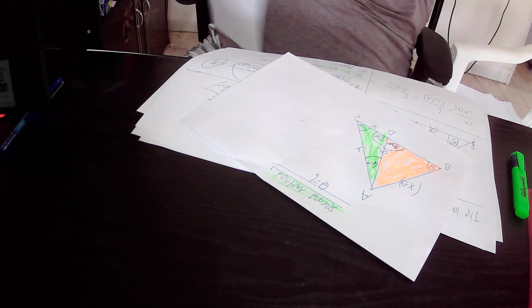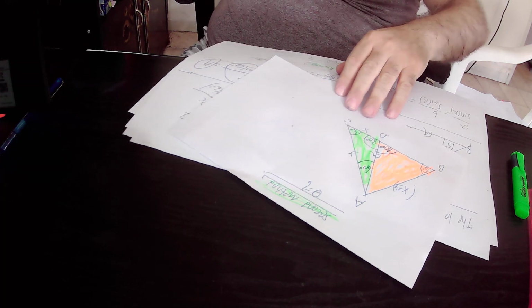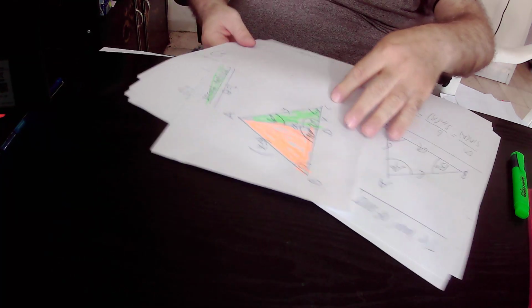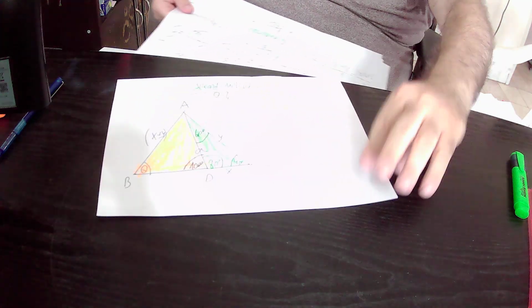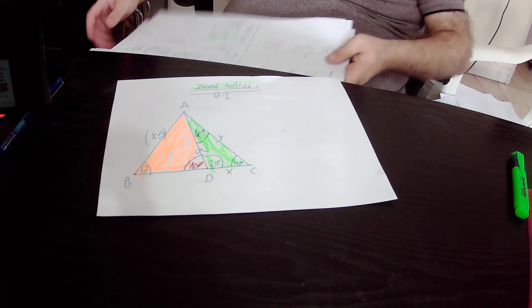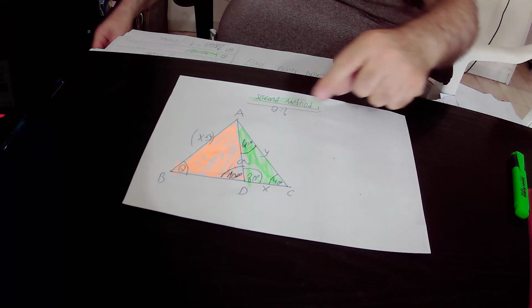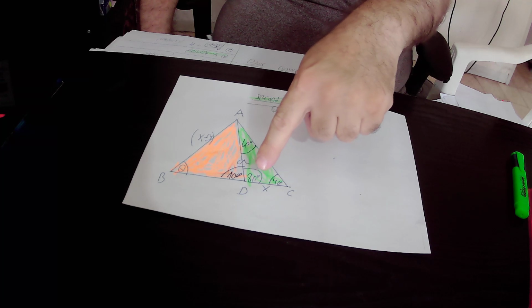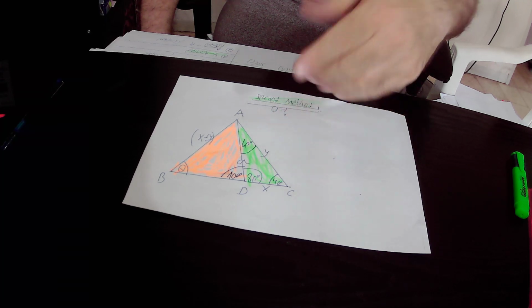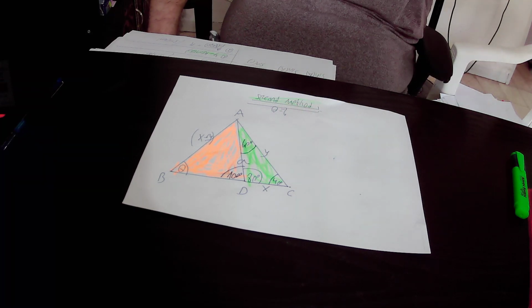In the second method, we focused on triangle ADC. In triangle ADC, this angle equals 80 degrees, this angle equals 40 degrees. 80 degrees plus 40 degrees is 120 degrees.